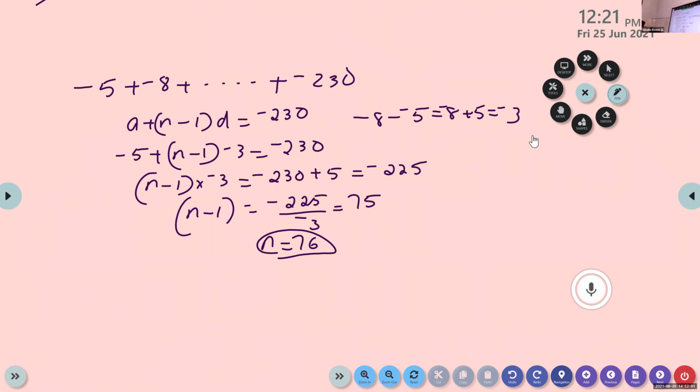Now Sn. Sn equal to n by 2 into a plus an, because the last term is given. So n is 76, so 76 by 2 into a, negative 5, plus an, negative 230. Find it.